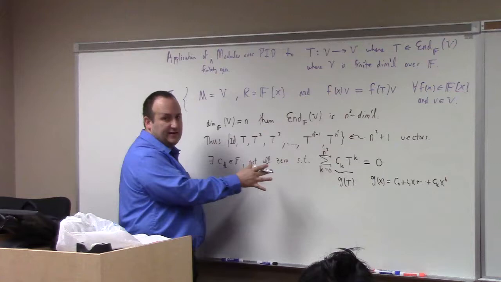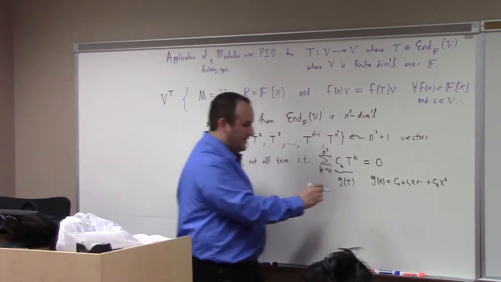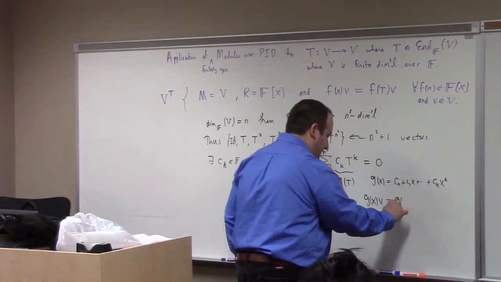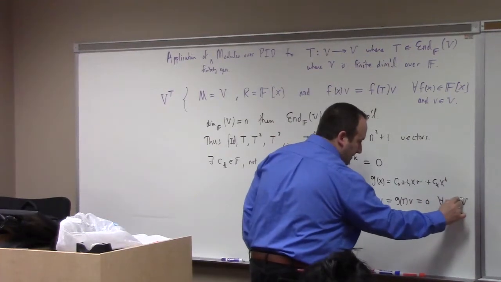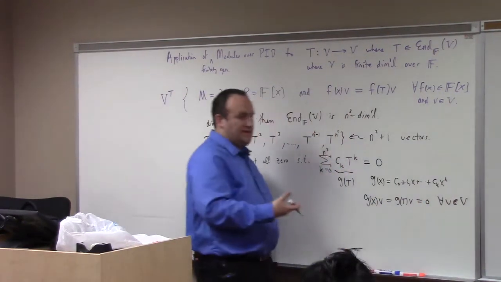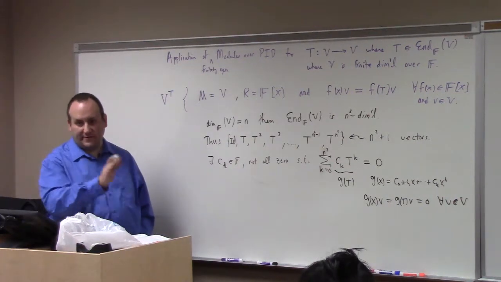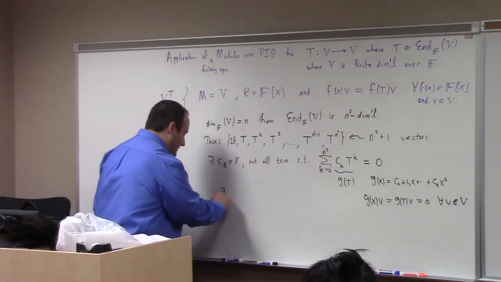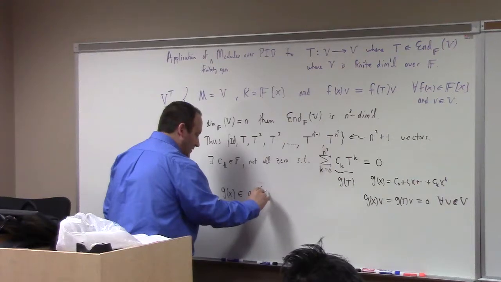Since this is an operator identity, it follows that g of t applied to v is equal to 0 for all v in V, which is to say that this polynomial annihilates everything in the module. So this proves that g of x is an element of the annihilator of M.